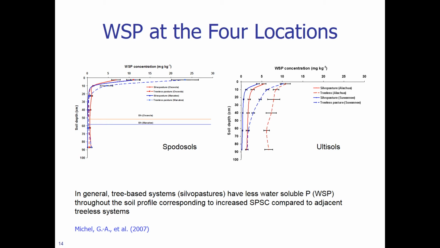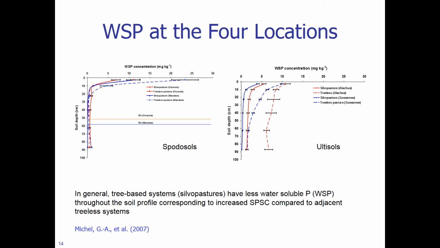On the left-hand side, the solid red lines stand for Osceola and the blue ones for Manatee County. They have a slightly different location for the Bh horizon. On the right side is the same thing for alfisols.